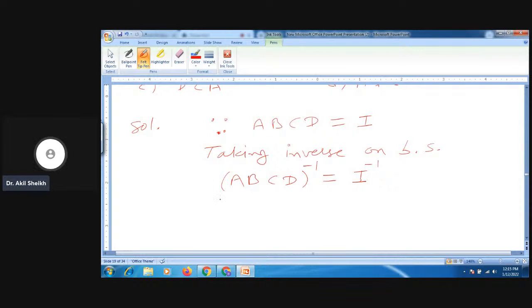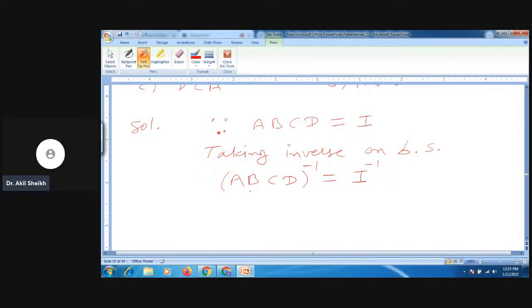Now this is the property of matrices. Here we cannot apply laws of indices as it is. In laws of indices, it becomes A inverse, B inverse, C inverse, D inverse. But in matrices, matrix multiplication is not commutative, that is, AB is not always equal to BA.